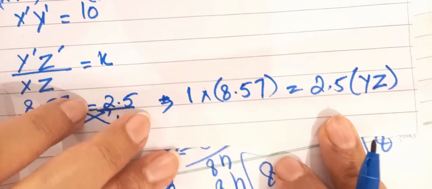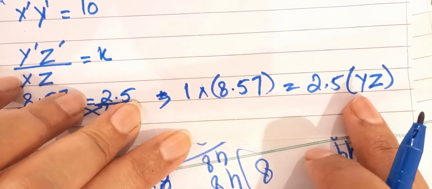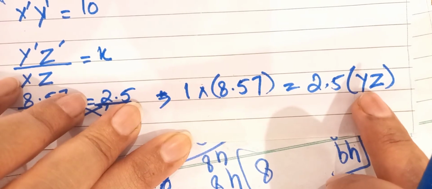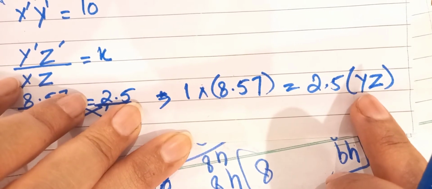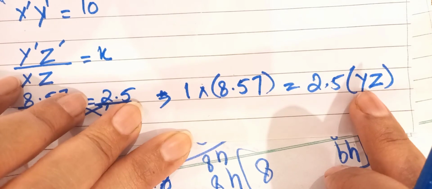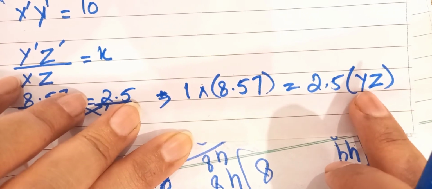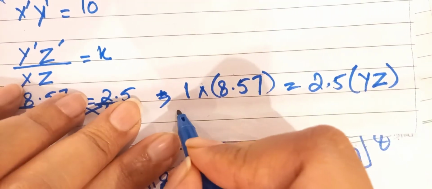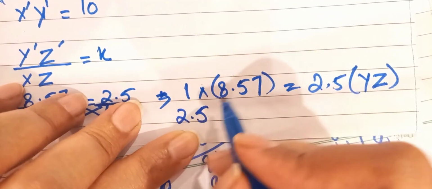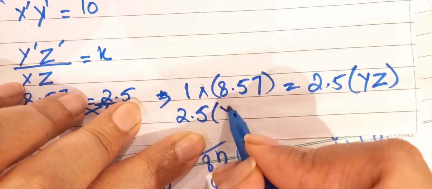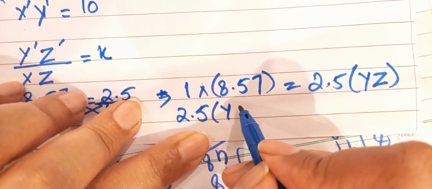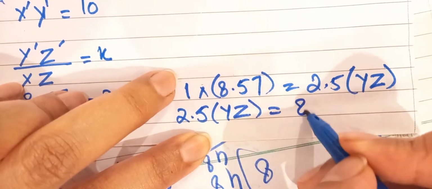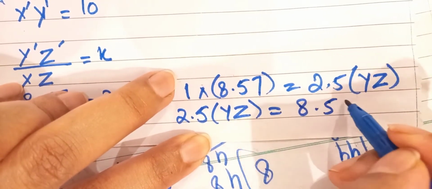I have to find the value of yz, so I shall swap it so that it is on the LHS, because it becomes easier to solve such questions when the unknown is on the LHS. yz is equal to 1 into 8.75, which is 8.75.